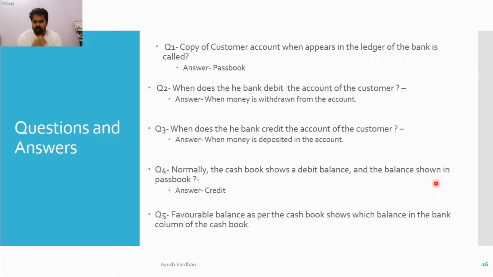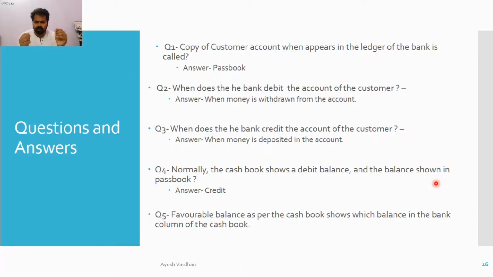Now, the last question of the slide. Favorable balance as per the cash book shows which balance in the bank column of the cash book?